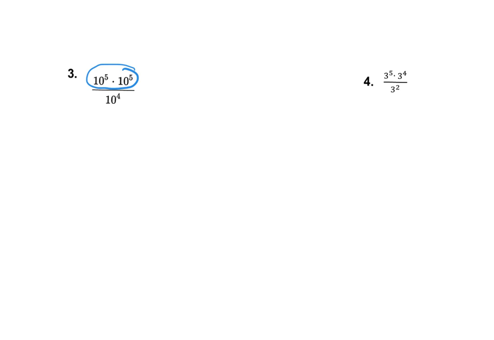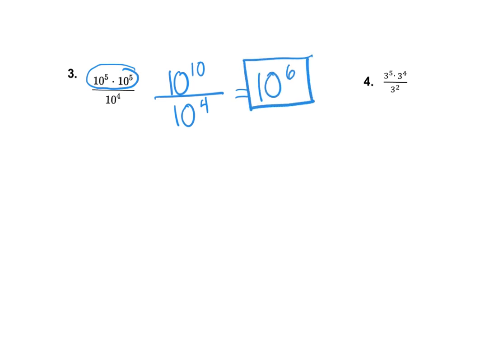You have 5 10s combined with another 5 10s, giving you 10 to the 10th power, because we just added those exponents together. And now we're going to divide by subtracting the exponents. So 10 minus 4 is equal to 6. So your answer to this one is 10 to the 6th power.